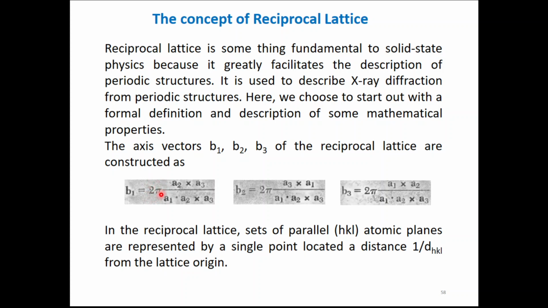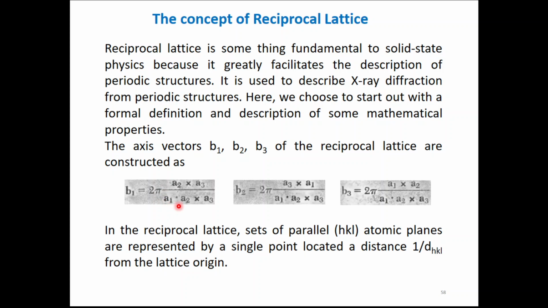And 2 pi is a factor which defines that by rotating an object or the situation by 360 degrees, we can get the similar situation. So this defines like that.